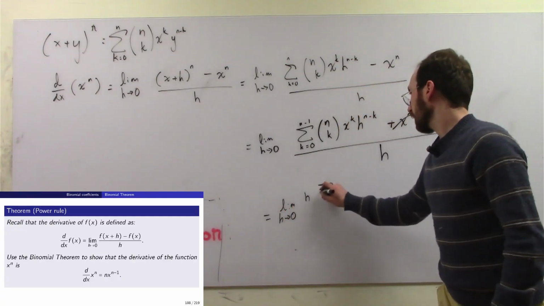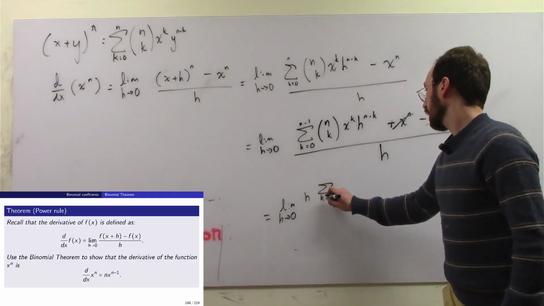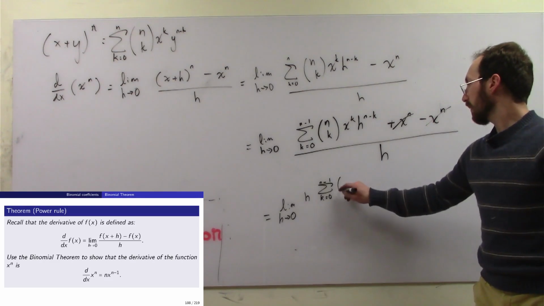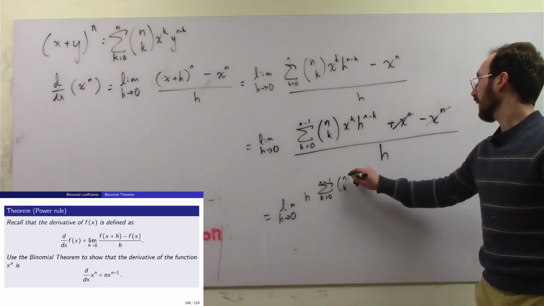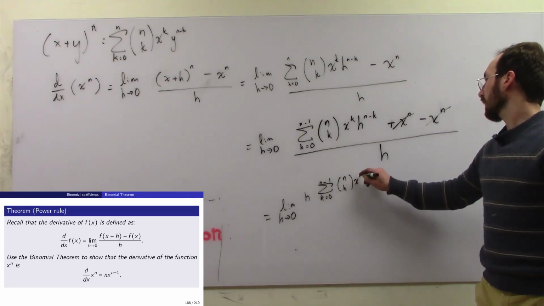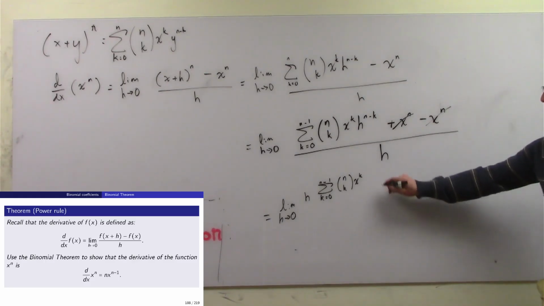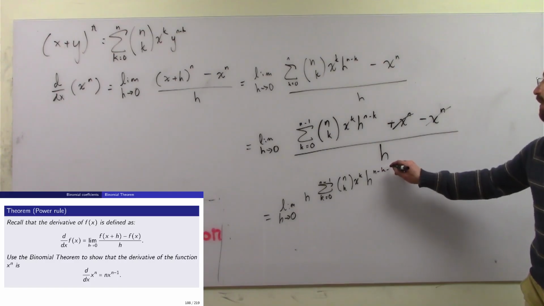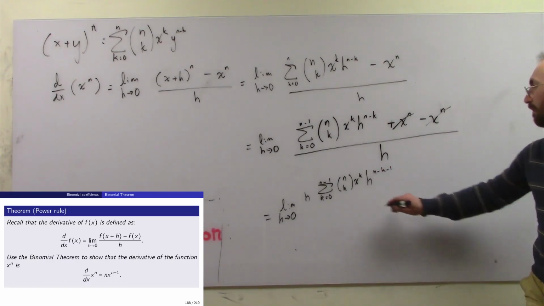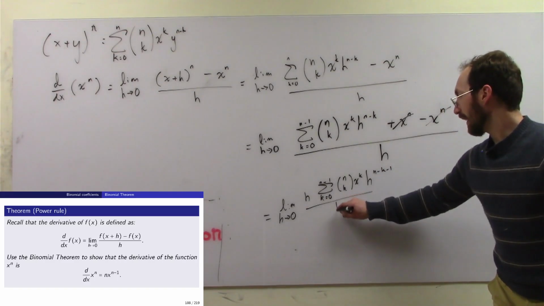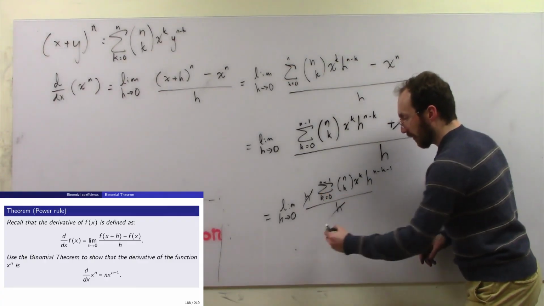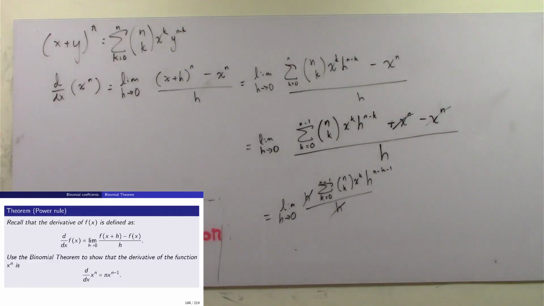Okay, what is that going to look like? k equals 0, still to n minus 1. Now n choose k, x to the k times h to the n minus k minus 1 divided by h. Perfect. So now these h's are going to cancel.